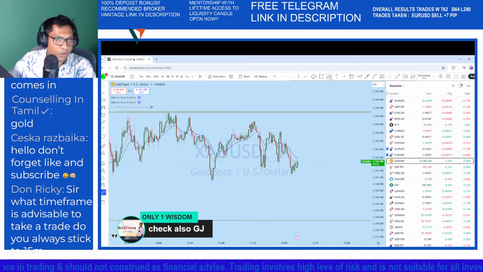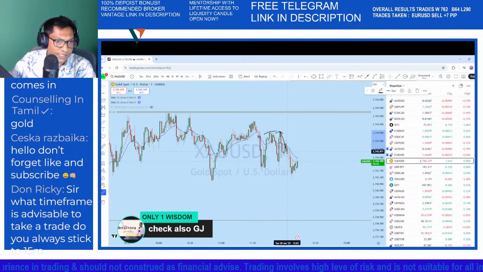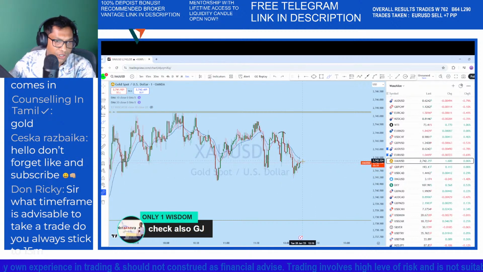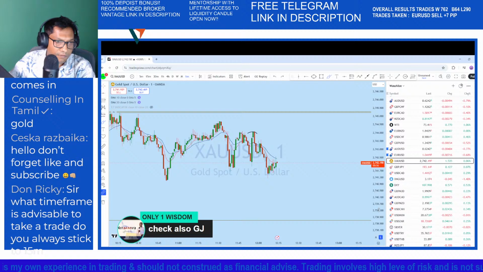Here is a double top, and from the double top we can see that big drop. Here is a bear flag, and from that zone we might see the market potentially coming in that direction here.